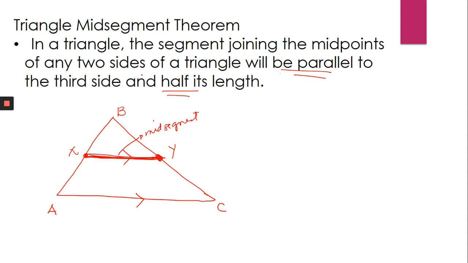Based on the theorem, the mid-segment of the triangle is always parallel to the third side. So these are parallel to each other. It means that no matter how you extend these sides or segments in both directions, they will not intersect. Okay, so it is parallel.